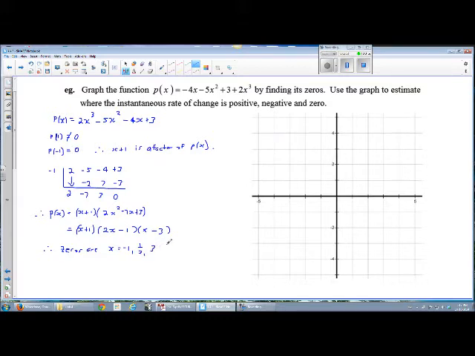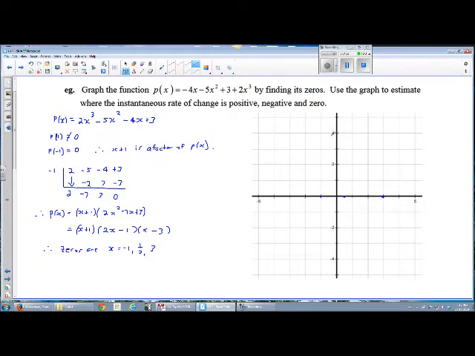Okay, so we can plot these here. So negative 1 is right here. Positive 1/2 is here. And positive 3 is here. And I'm not really sure how high these go. Let's see, if we substitute in x equals 0, the y-intercept is actually going to be 3, which is great.